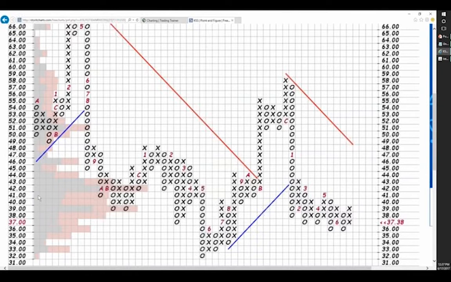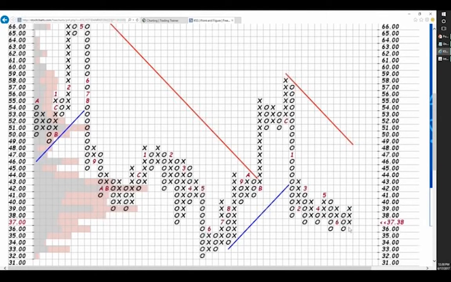This is the amount of buying and selling that has occurred at that price. And again, as we know, if there's buying and selling at a certain price, that's where a line of support and resistance can occur, because there has been some price action and trading at that price.